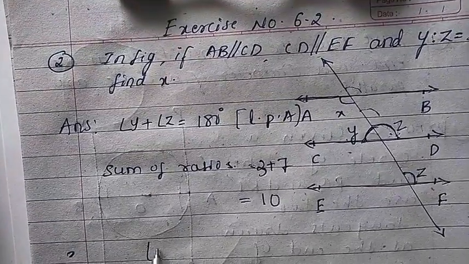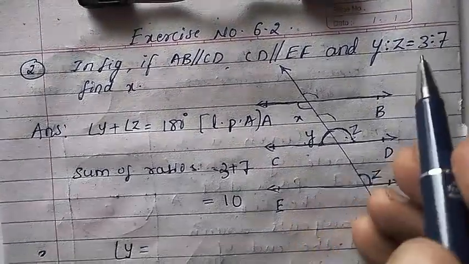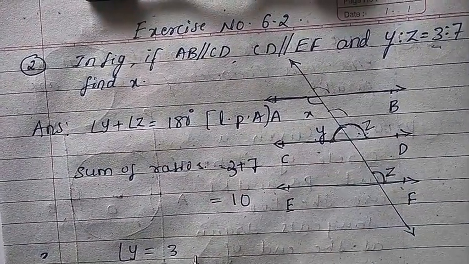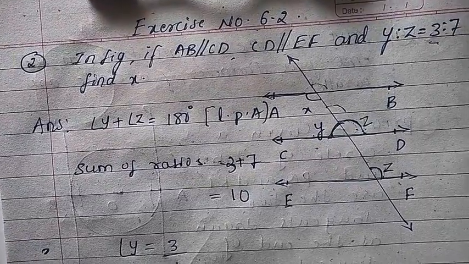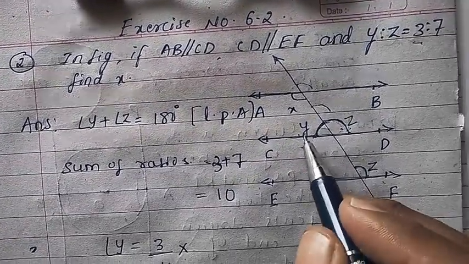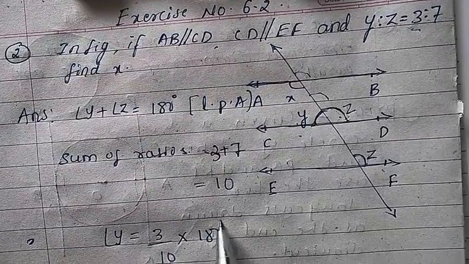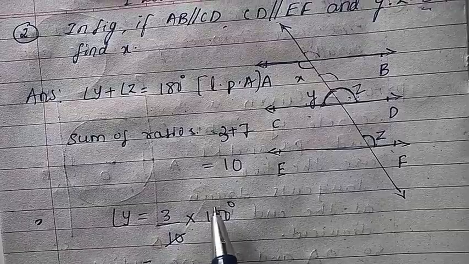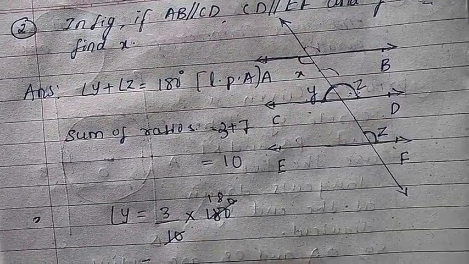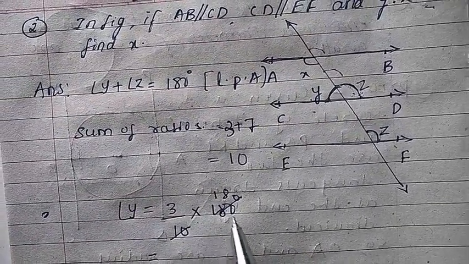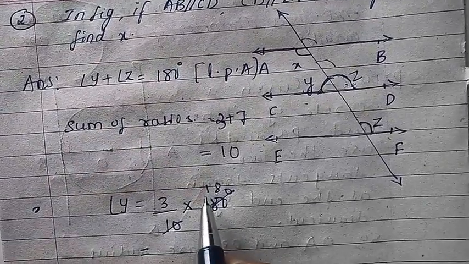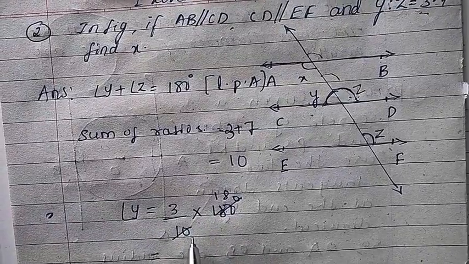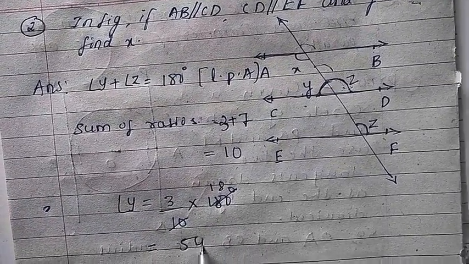So first find the angle Y. Angle Y ratio, how much is there? 3. So 3 divided by the sum of ratios 10, into the sum of Y plus Z, which is 180 degrees. 10 ones are 10, 10 8s are 80. Clear? Now 18 3s are how much? 54 degrees.